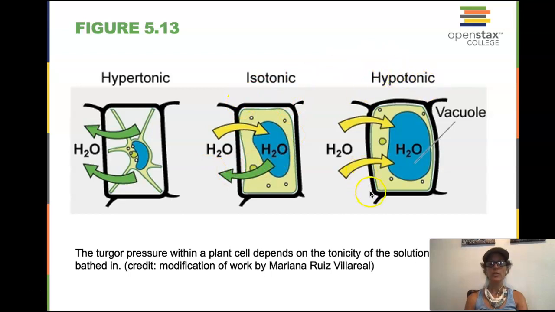If we place a cell-walled cell into a hypotonic, greater proportion of water outside versus inside, it will rush in, but plants also have this central vacuole that will prevent too much water from getting in, and the cell wall can prevent it from bursting.